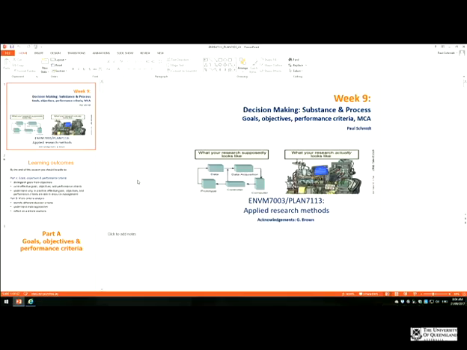So now we're heading into a new phase where we're going to talk about decision making. We'll discuss some of the professional context that you might be working within, and how you can use research to inform decision making in your work.